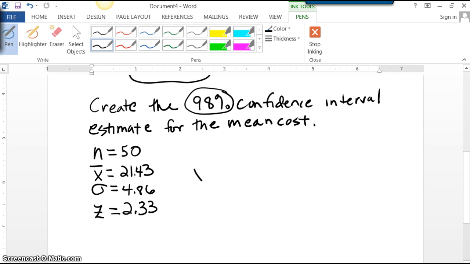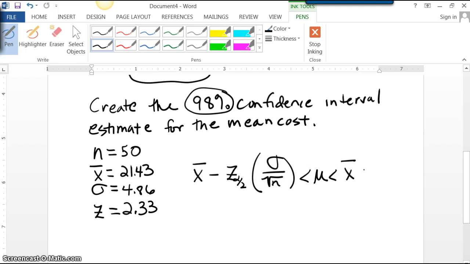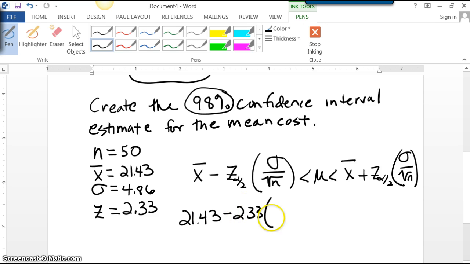And now what we do is we just put this in the formula. And when we put the numbers in here, it will create the interval that we're estimating mu to be between.